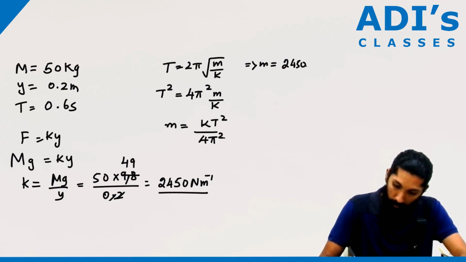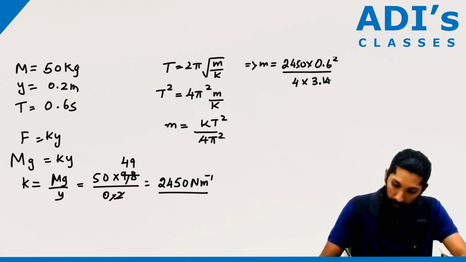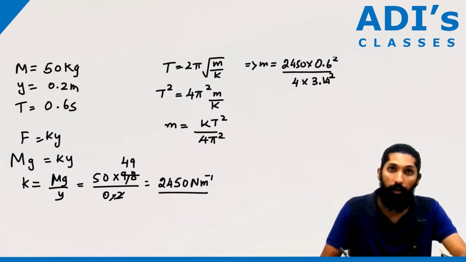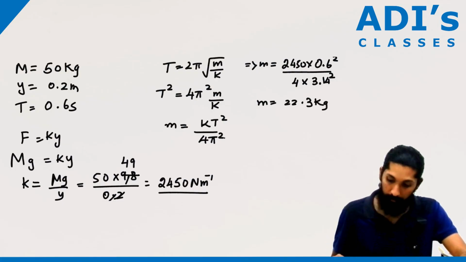2450 into 0.6 square by 4 into pi square, correct? So you can take 3.14 square. Now if you do this, then m value will be 22.3 kg.